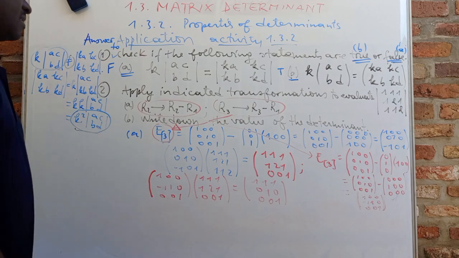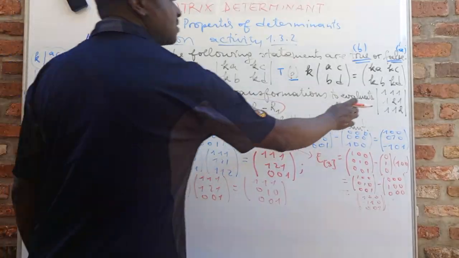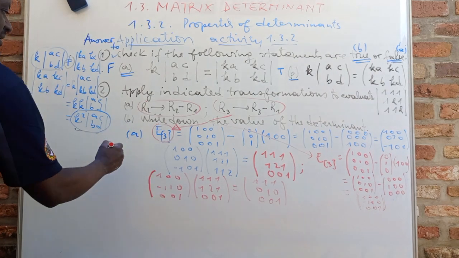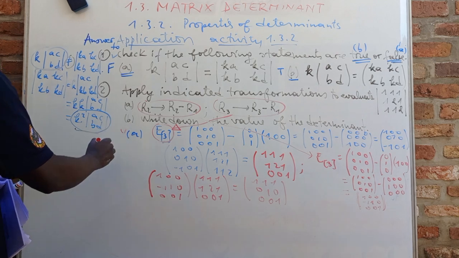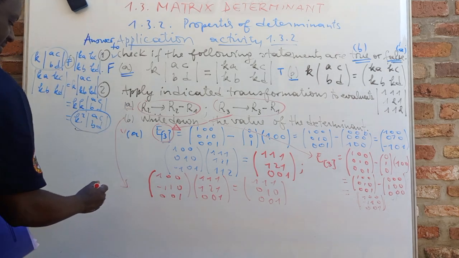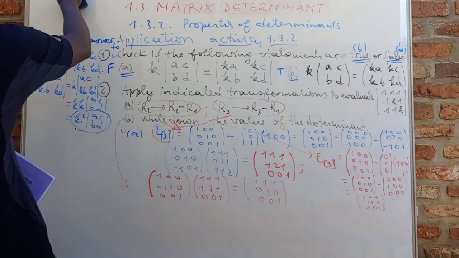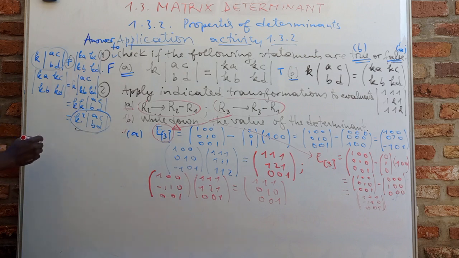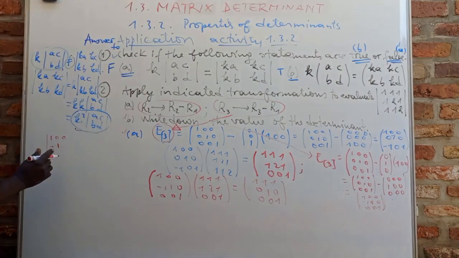So after these two transformations are applied successfully on these two matrices, we can now answer some question. That was question A. Now it answers question B. After applying these two transformations successfully, the determinant will be 1 0 1, negative 1, so 1 1 1.